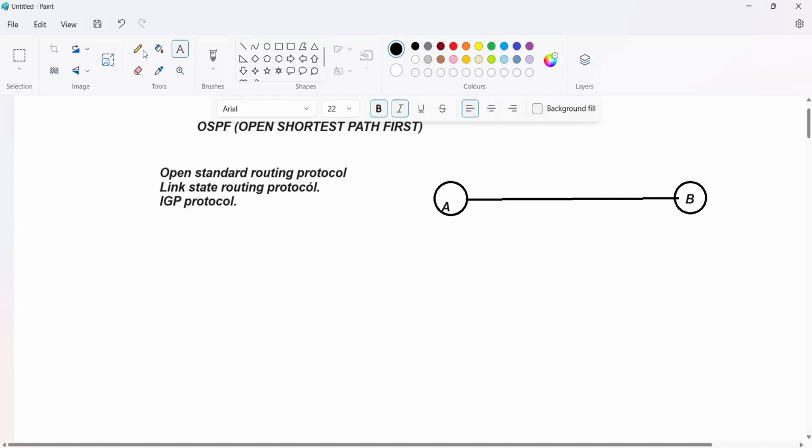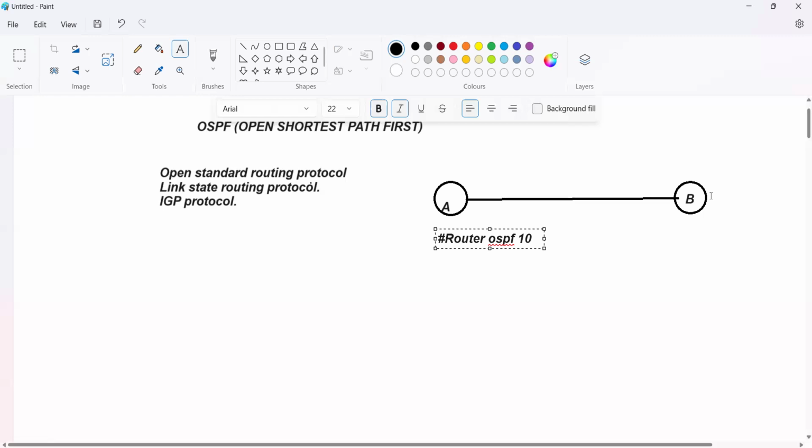Once we configure both ends with the command router ospf, apart from that we use the process ID, like 10, whichever process ID. At one end we configured OSPF.